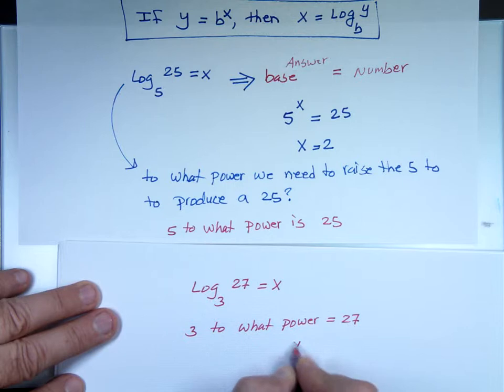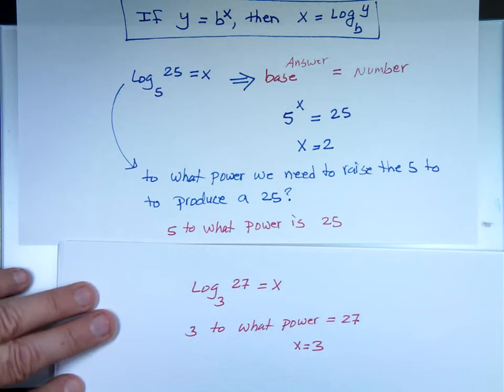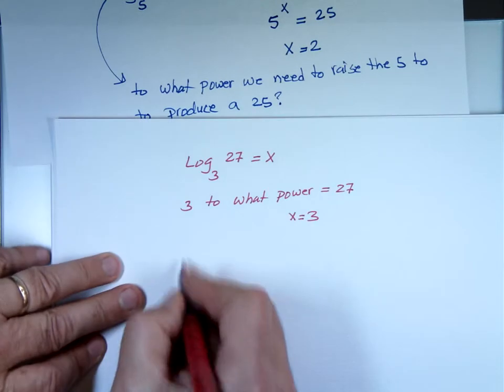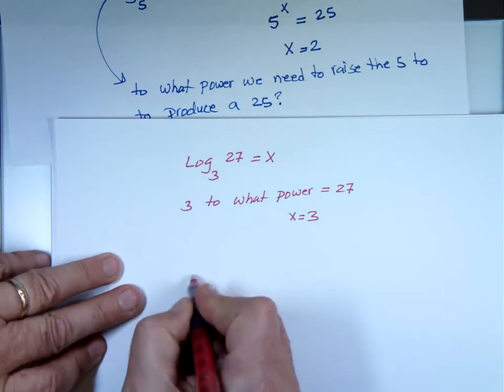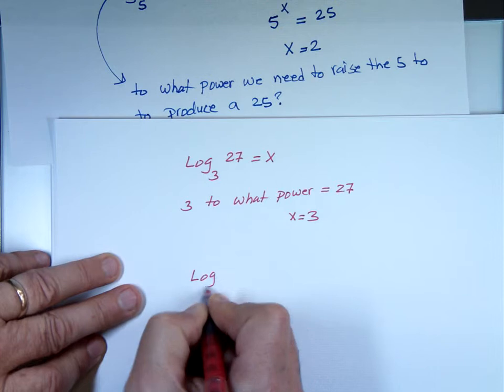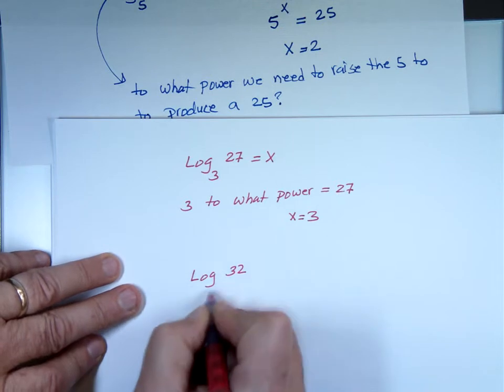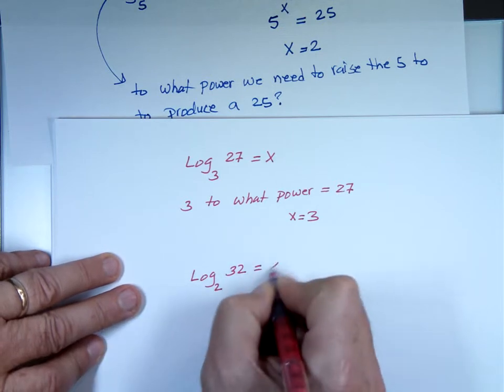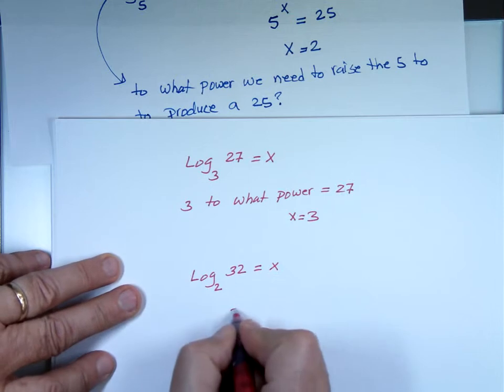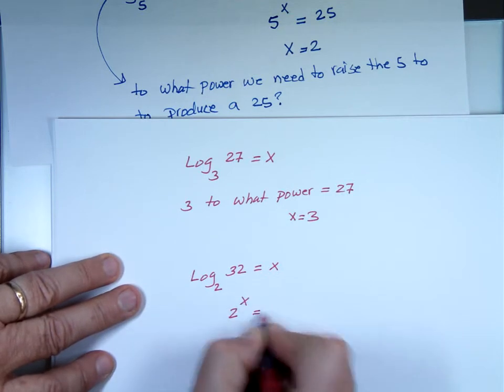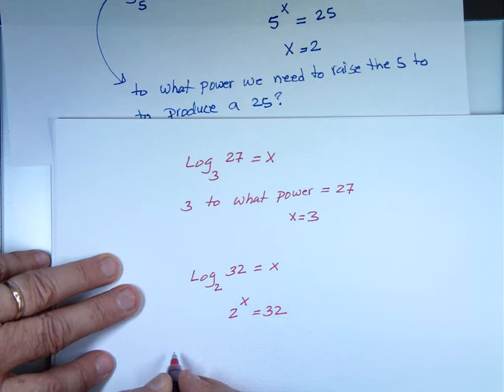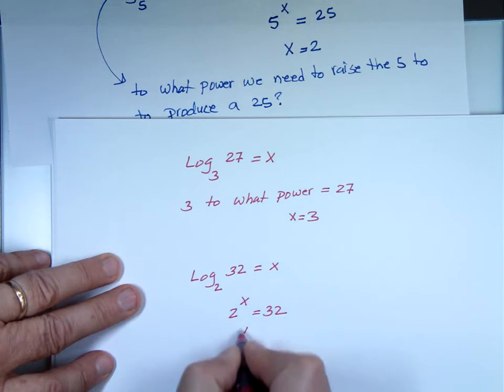So x will have to be 3. Log 32 base 2. 2 to what power is going to equal 32? It will have to be 5.